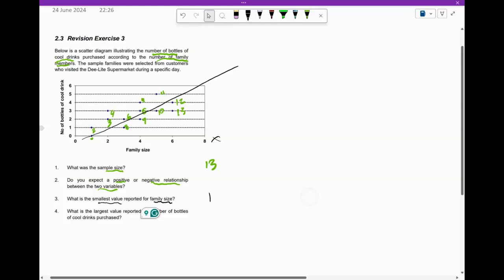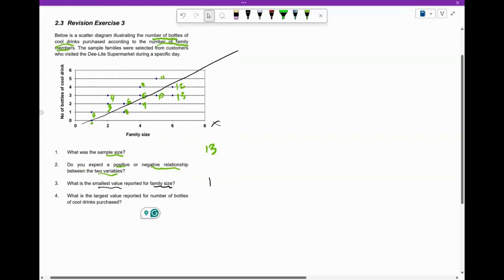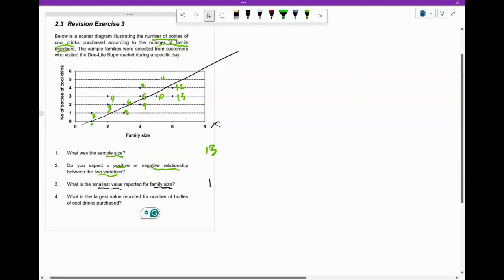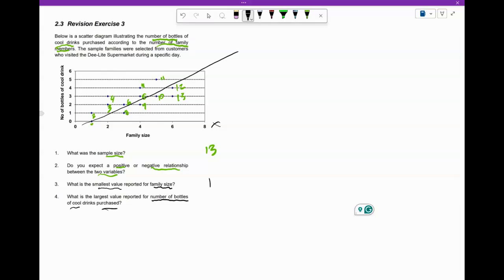Last question. What is the largest value reported for number of bottles of cool drinks purchased? It's 5, because here we're looking at the y-axis. Everybody happy with that? So the last one is 5.